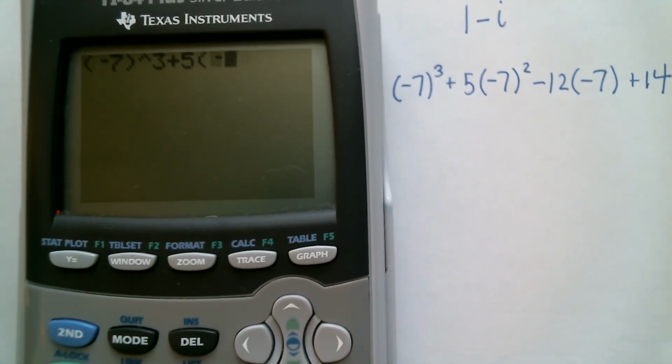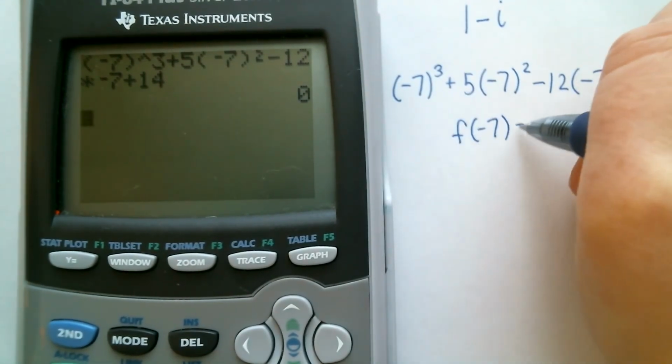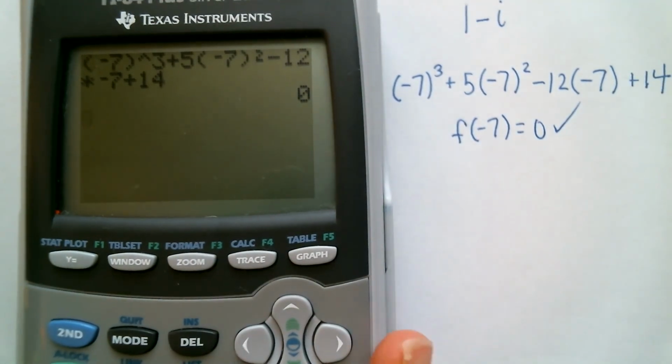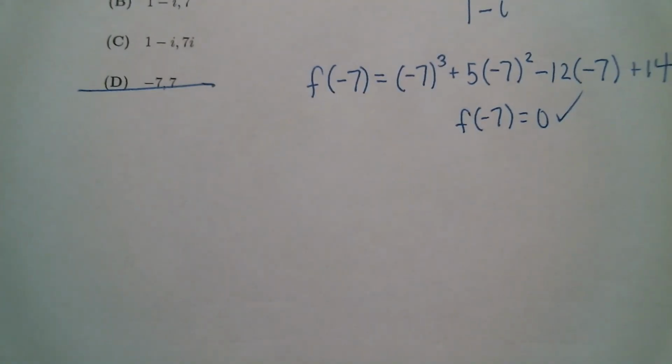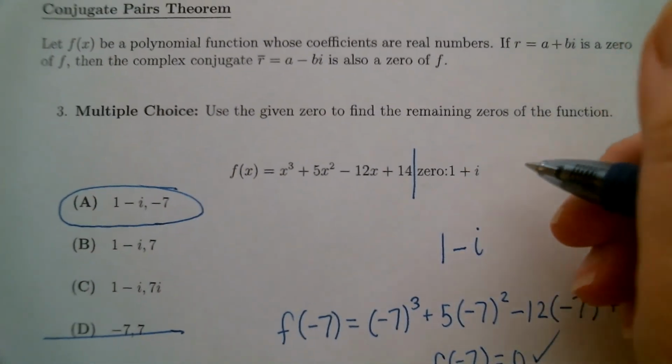Plus 5 times -7 squared minus 12 times -7 plus 14. Boom, you get the 0. So it is confirmed that -7 is a 0, which is an x-intercept. Okay, so answer A would be the correct option.